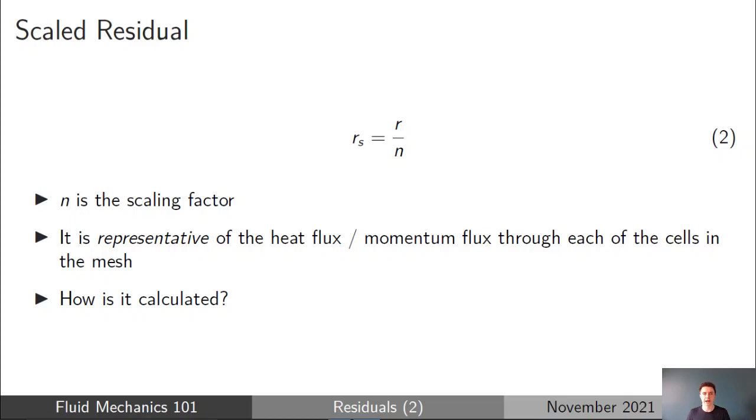And we've seen from that example in the past few slides that we want n to be representative of the heat flux passing through a particular cell, or the momentum flux passing through a particular cell, so that we can scale that raw residual by the flux passing through the cell.